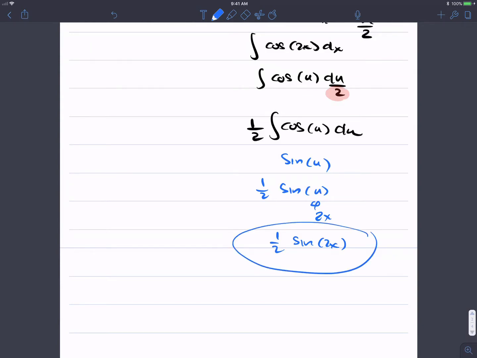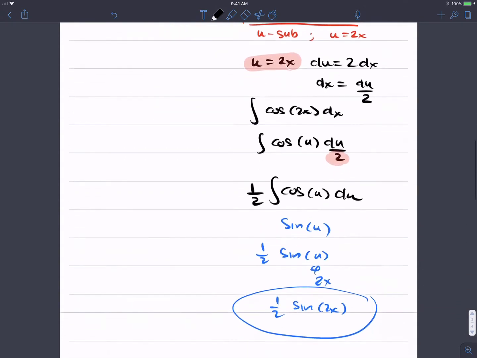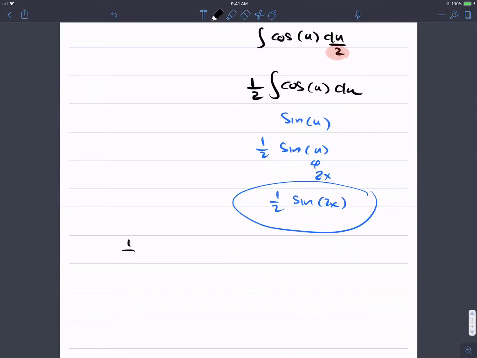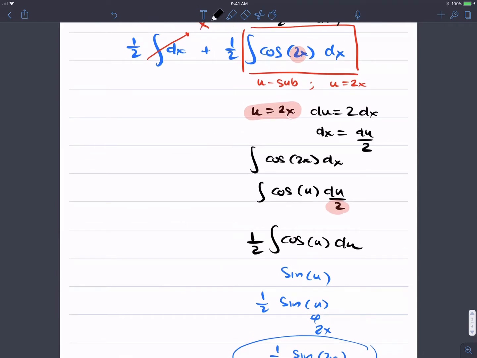Okay, this is what we're going to use. Now go back to the beginning. This portion will be 1/2 sine 2x. So all together, don't forget, I have 1/2 on the left side, and I have this 1/2 x brought down originally over here.